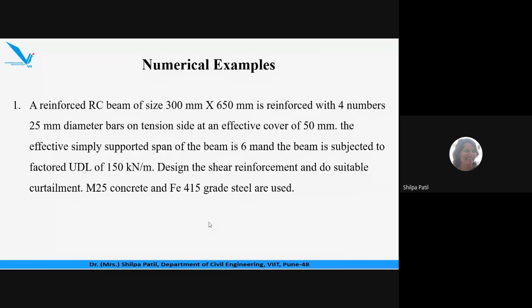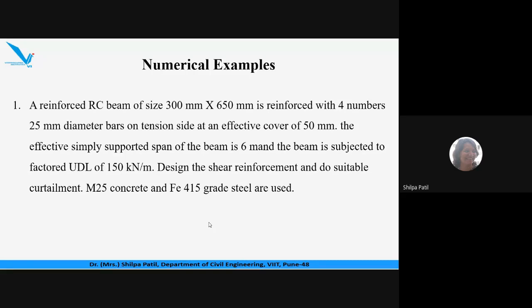So in the given data, the overall dimension of the beam is given, width and overall depth. The effective cover is also given, so we can easily calculate effective depth. The reinforcement details are also given: 4 bars of 25 mm diameter on the tension side. So Ast we can calculate.